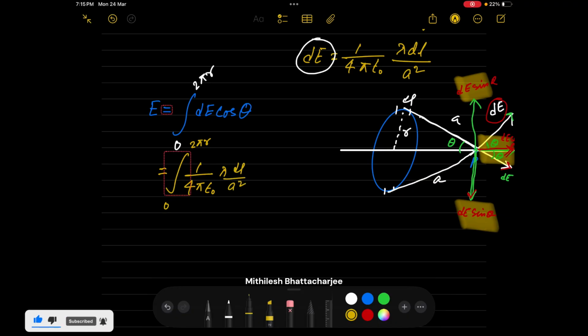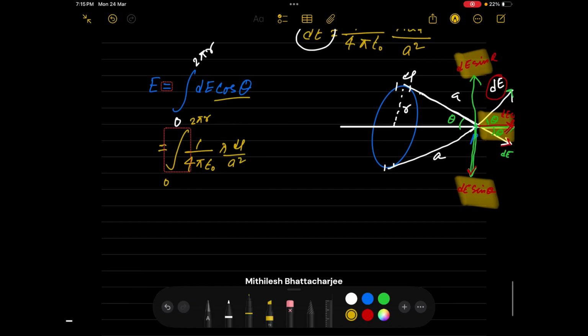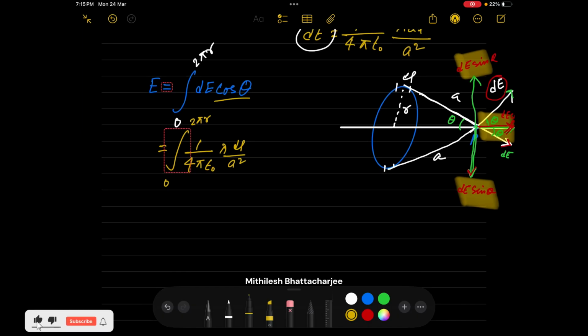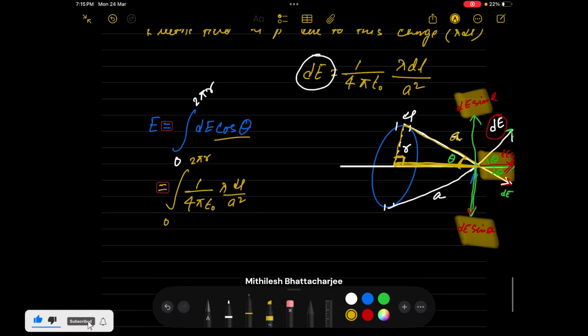Now, what is the value of cos theta? In this triangle, this is 90 degrees, this is theta, this is a, and the distance from the center to P is x.